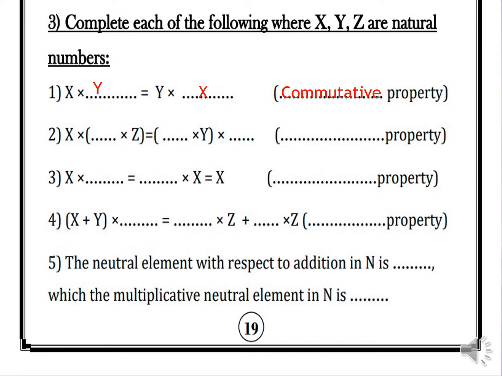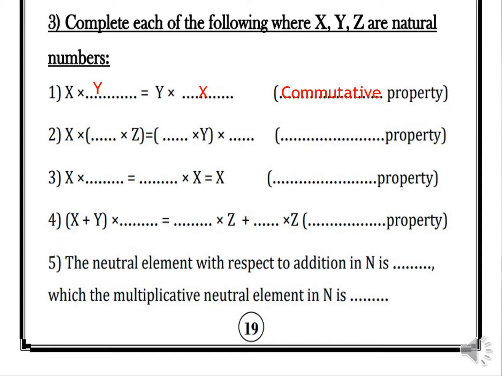In the associative property, the first number in the left-hand side must be the same as the first number in the right-hand side. So here the first number is x, in the right-hand side must be x also. And the second number in the right-hand side is y, so it must be y also in the left-hand side.